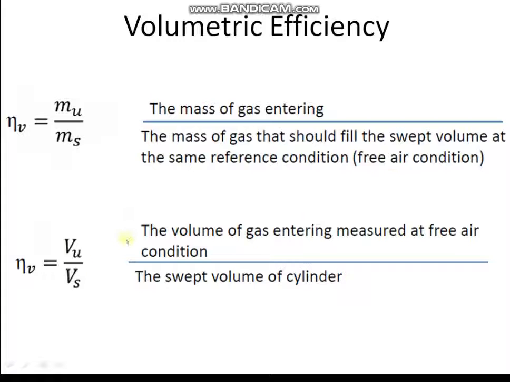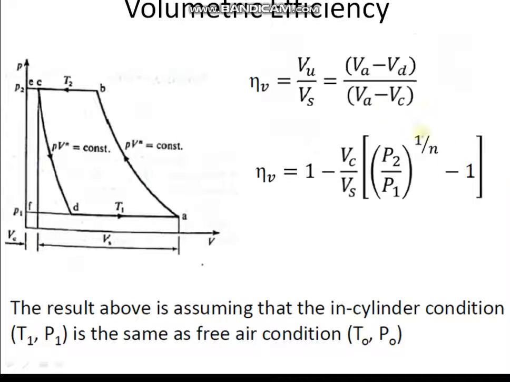In terms of volume, the volumetric efficiency is the ratio of V0 by Vs, the volume of air entering measured at free air condition to the swept volume of the cylinder. So either in terms of mass or in terms of volume, we can find the volumetric efficiency. Now this volumetric efficiency is written as eta.